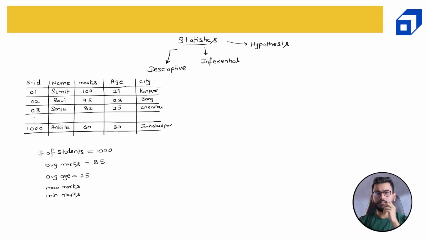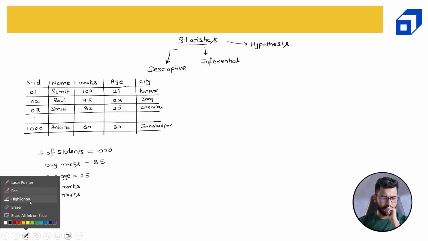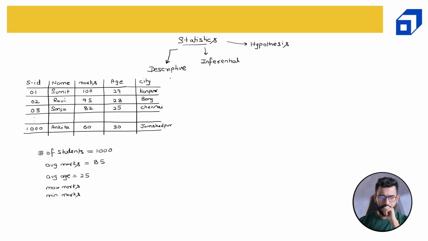Now, descriptive statistics can broadly be classified into two kinds of measures. I'll just change my color and we'll write over here. One is known as measures of central tendency, and then we have measures of variance, or you can say measures of variation.